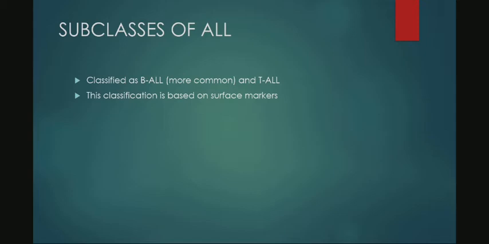With respect to that same understanding of the two different divisions that are there, we can further classify acute lymphoblastic leukemia as the B cell type acute lymphoblastic leukemia or the T cell type acute lymphoblastic leukemia.